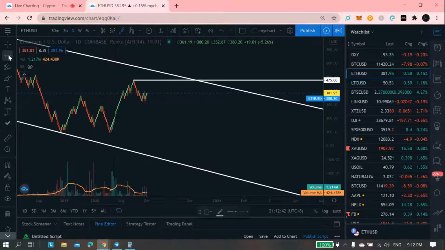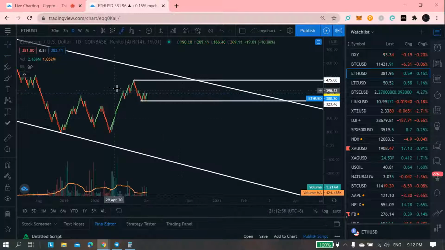So possibly the next range is 380 to 399, or around the 400 level. But the support I'm looking at is around the 323 area.